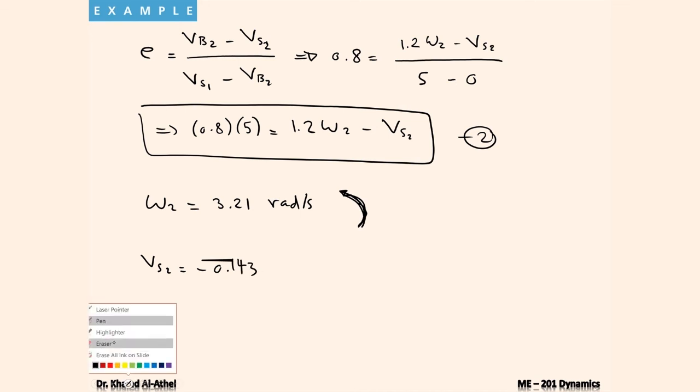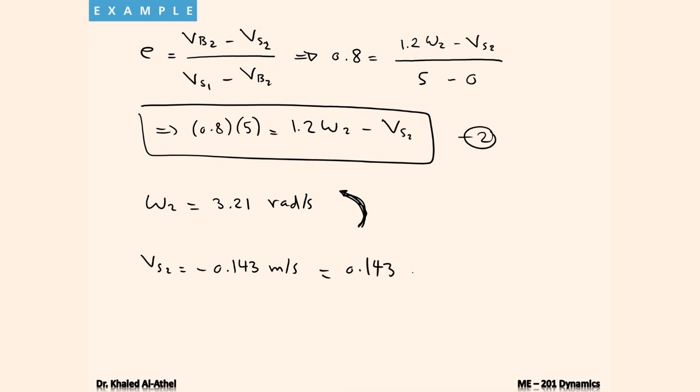My assumption was that it's going to the right, but it came out negative, 0.143 meters per second, so it is 0.143 to the left. And this solves the two unknowns that I need.